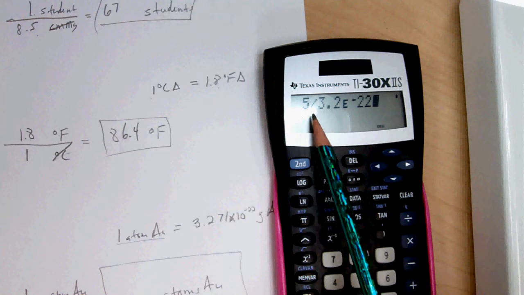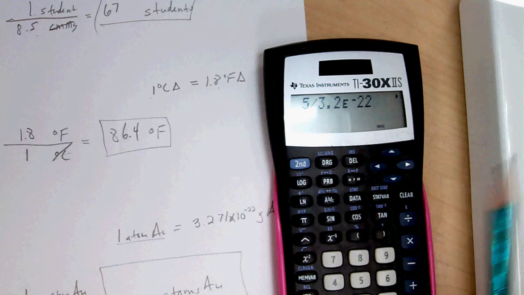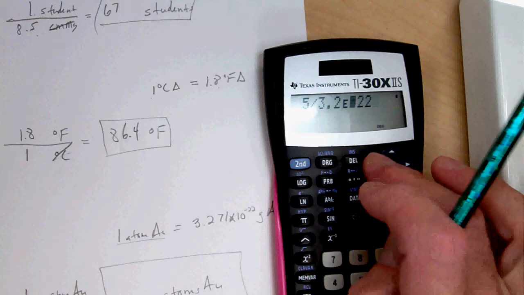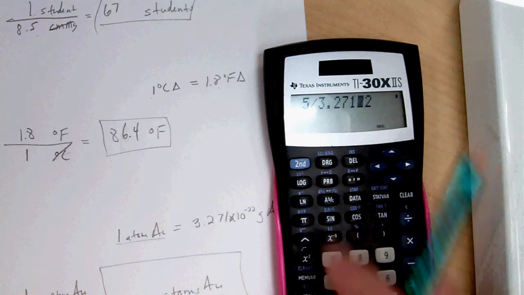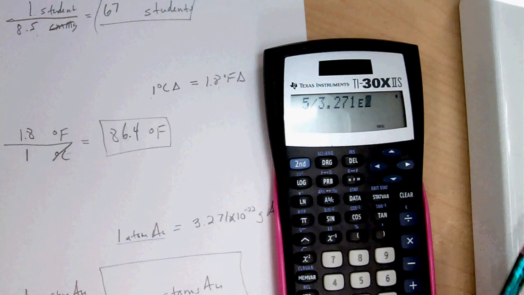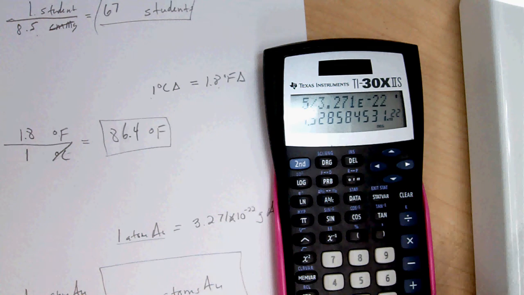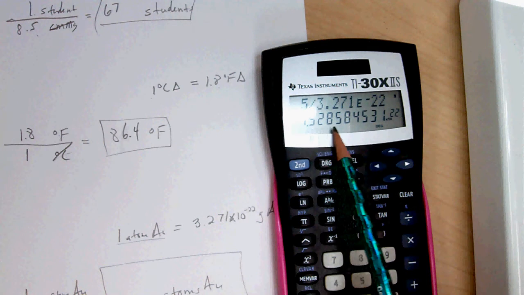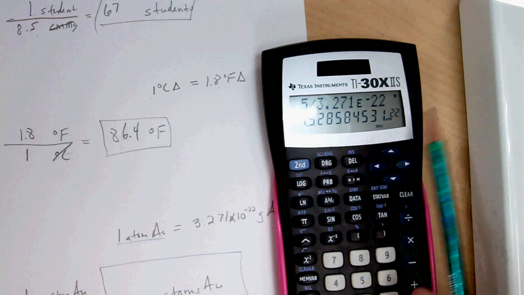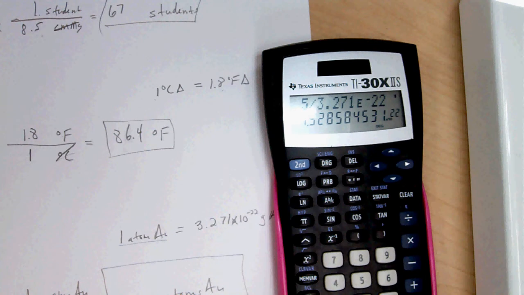So that says 5 divided by 3.2. Oh, I should back up and be more precise. 3.271 times 10 to the negative 22nd equals 1.5285845 times 10 to the positive 22nd.